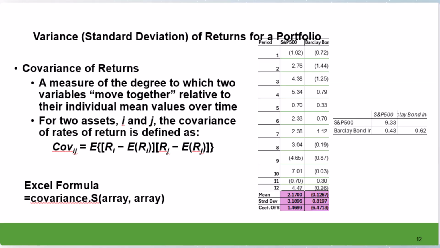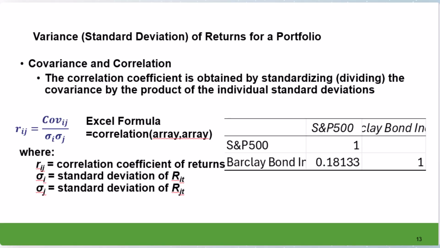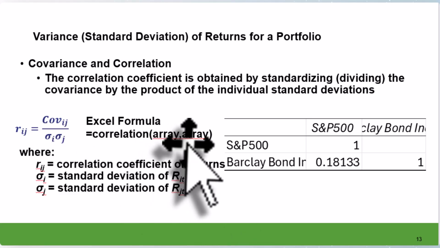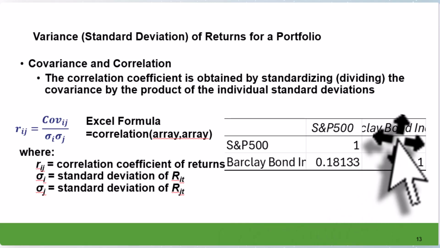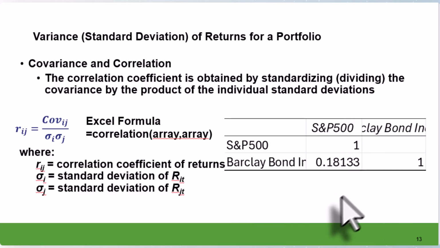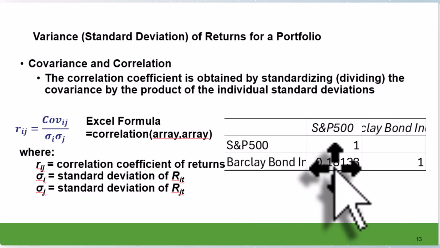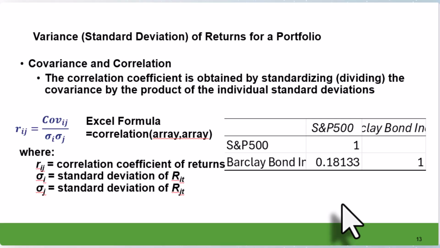That's why we utilize something called correlation. The correlation, if you notice, uses covariance, and then you divide it by the product of the risk, the standard deviation, of the two assets. Again, here's our Excel formula. This is the output that we get from doing this in Excel with the data function.